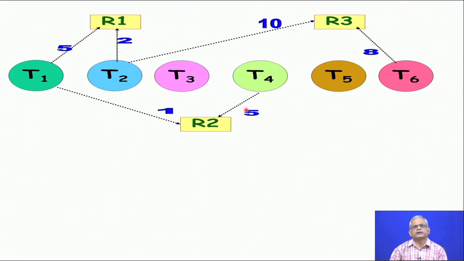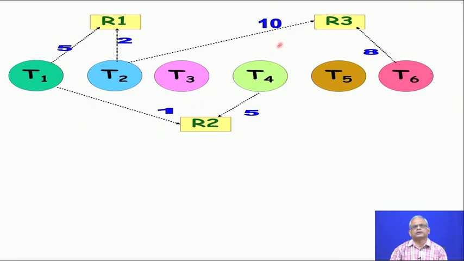So, to what extent, to what duration can it suffer avoidance inversion? That is 5, equal to the resource use of T4 for R2, and even T1 can suffer inversion when it requests resource R1, because its priority is not greater than the ceiling priority.